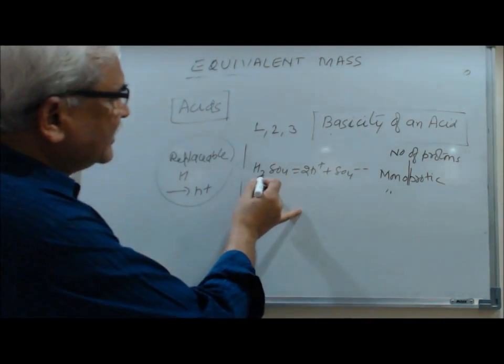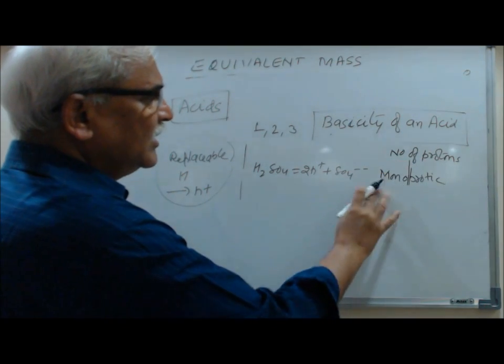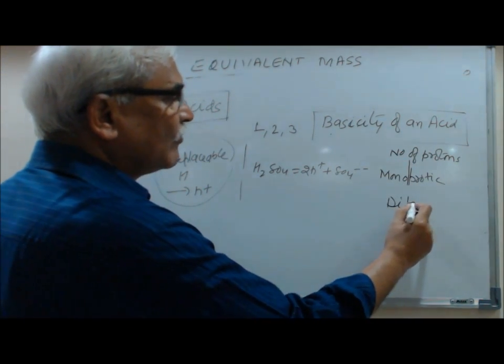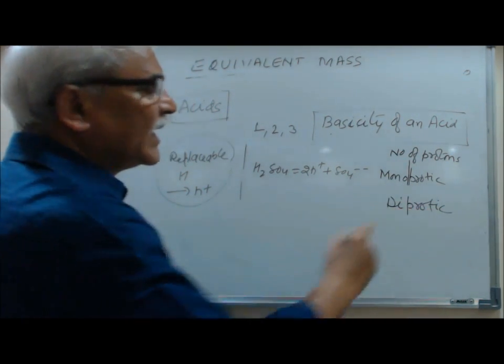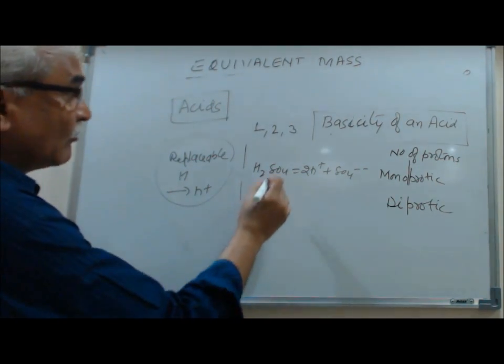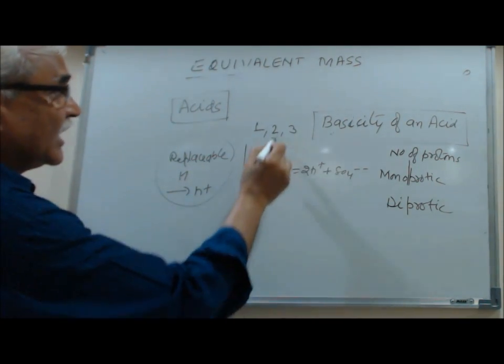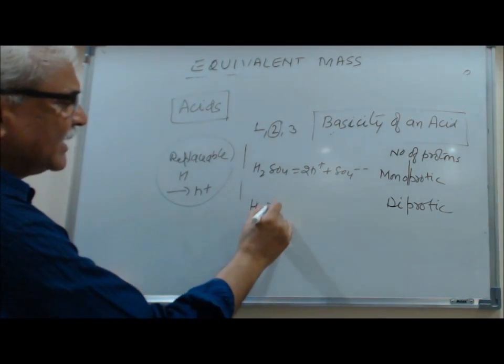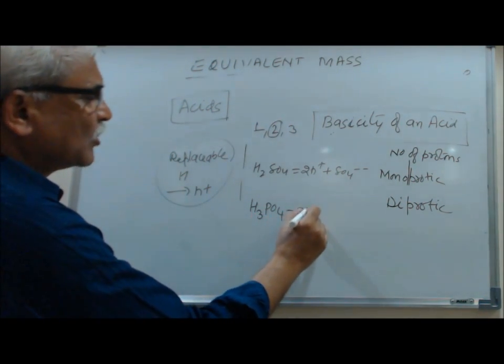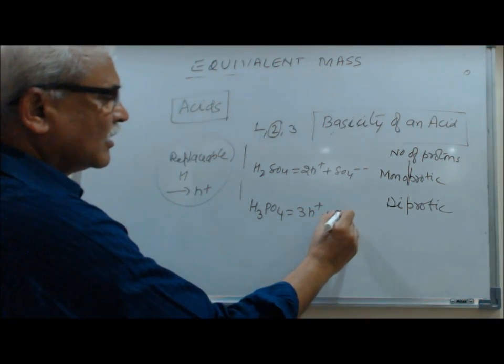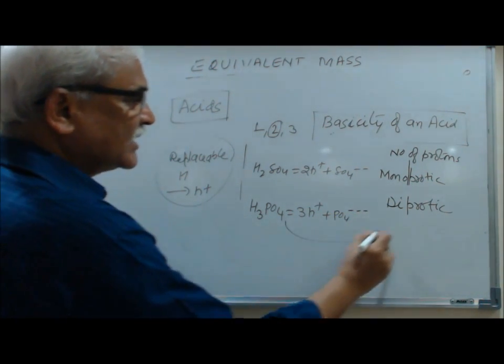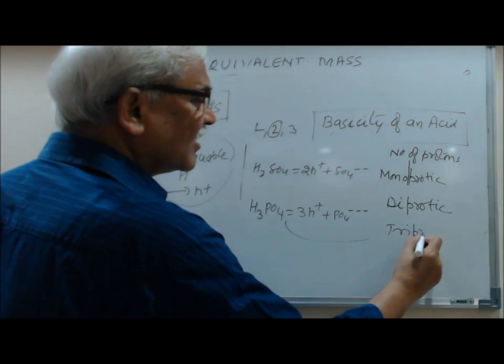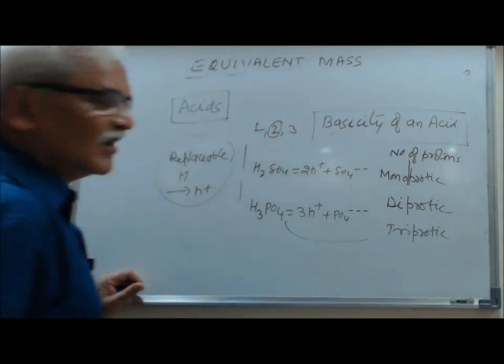So how do we describe sulfuric acid in this notation? It is a diprotic acid. And exactly, so what will be the basicity of sulfuric acid? It will be 2. Phosphoric acid, exactly by the same discussion, can give 3 protons. So it is triprotic.